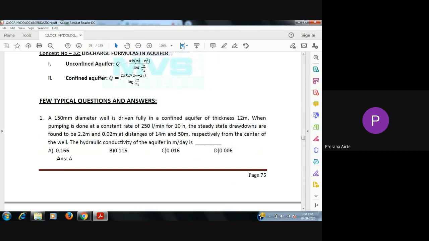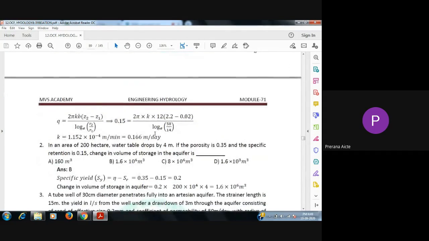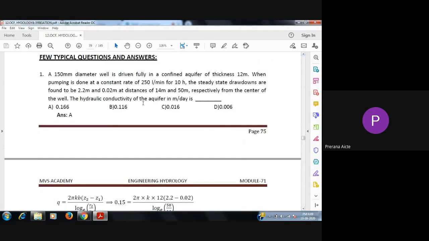So the formula is Q equals 2 pi K into B, (Z2 minus Z1) by log, the base is already told, base e, of R2 by R1. What is Q? Convert 250 liter per minute into meter cube per second first.